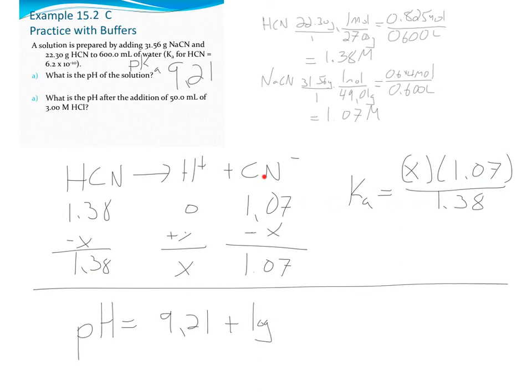We do the cyanide over the HCN, products over reactants. That's where it comes from. It's the 1.07 over the 1.38. We can do it that way as well. So if we solved for X and then got the pH, or if we just went right into the Henderson-Hasselbalch and got the pH, we'll get a pH of 9.10.